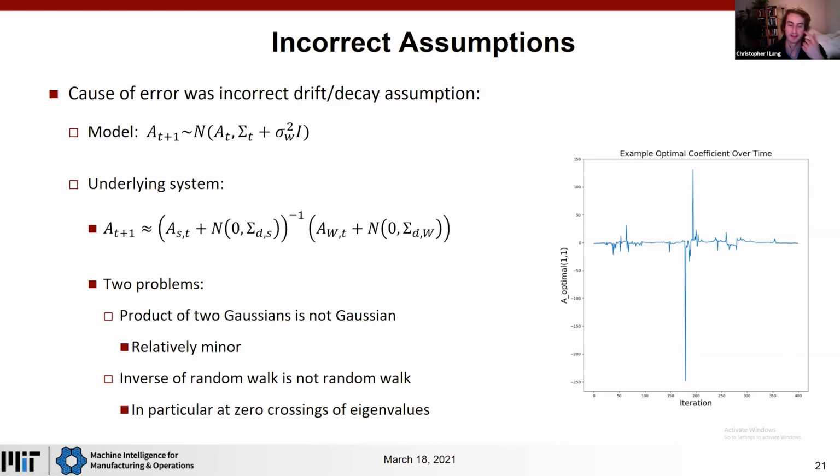So you can imagine that if AS was following the path of a potential Gaussian random walk that was -2, -1, 0, 1, 2, when we end up doing the inverse of that, it blows up at 0. And so that's why we tend to see these really large negative spikes followed by really large positive spikes. So it's when the eigenvalues of this system cross 0 that our assumption of a Gaussian random walk no longer holds.